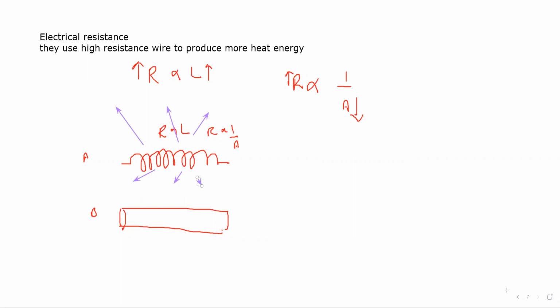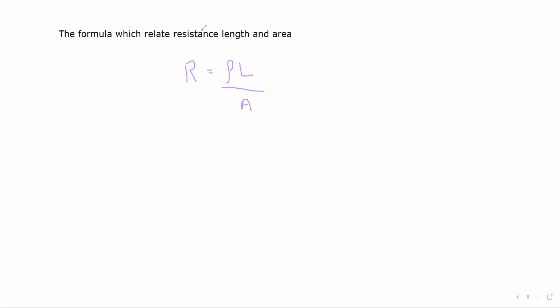Then the formula which relates resistance, length and area is R equals rho L divided by A. What is R here?